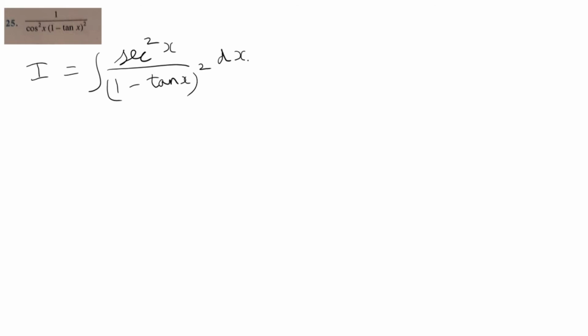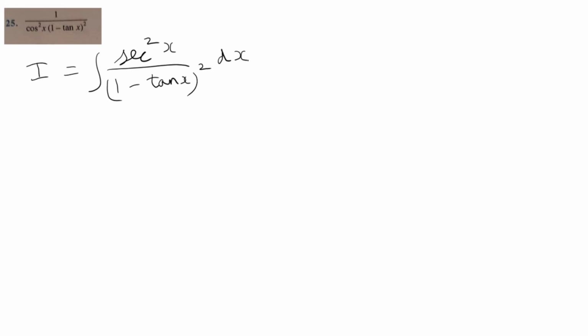Next question is 1 by cos square x into 1 minus tan x the whole square. So we can write 1 by cos square as secant square x. So I is equal to secant square x by 1 minus tan x the whole square dx.